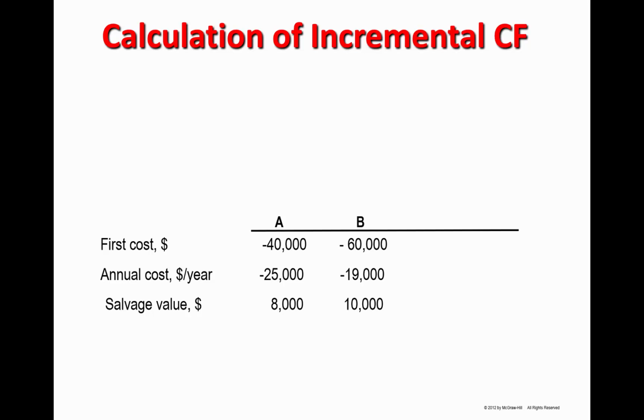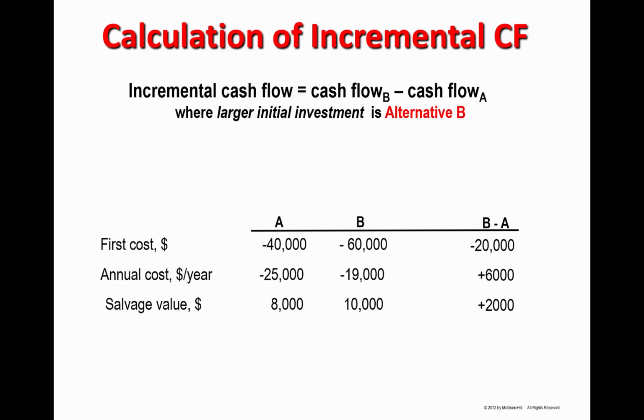So in an analysis of A versus B, the increment is the difference between the two. When I talk about the increment, what I mean is that you should have the more expensive alternative and subtract the less expensive alternative. So the incremental cash flow is that option B, you can see, is $20,000 more expensive, and there is a reduction though.